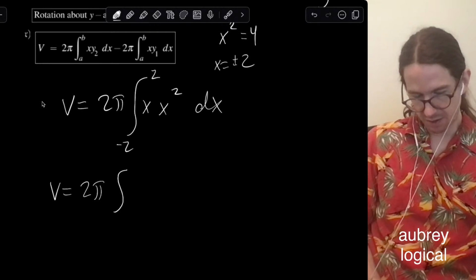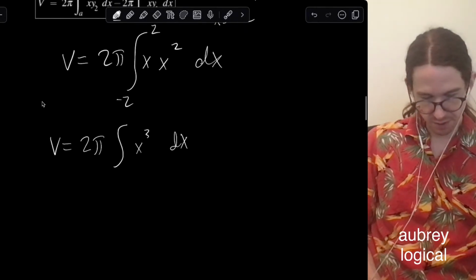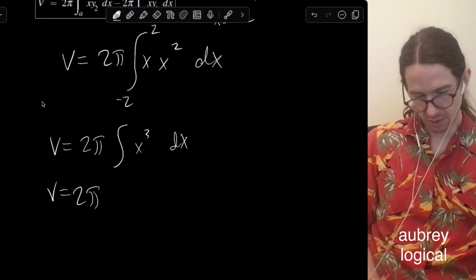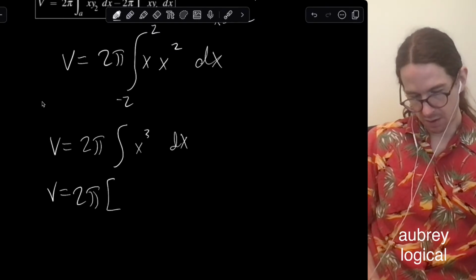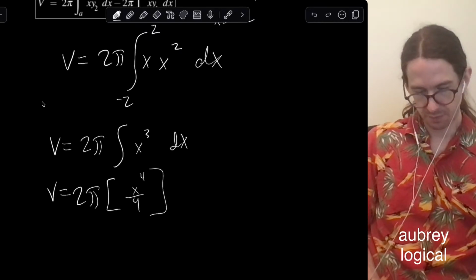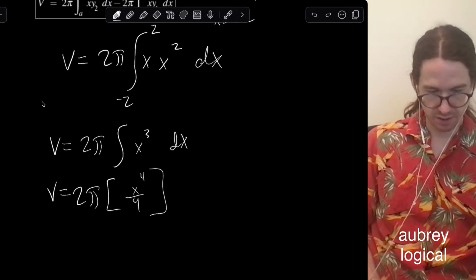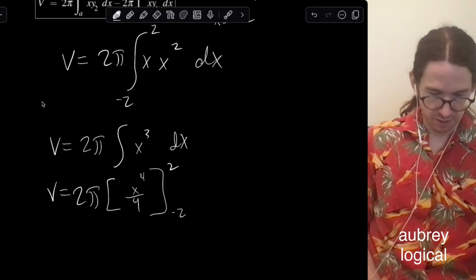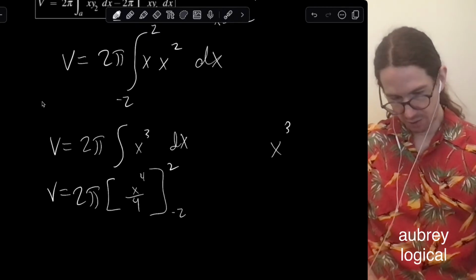So 2 times the integral of x cubed dx. So that's going to be our integral. And let me show you how I got that. So we started with x cubed.